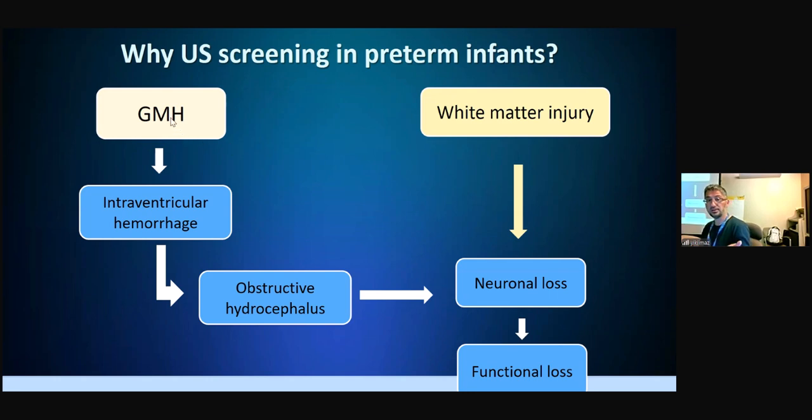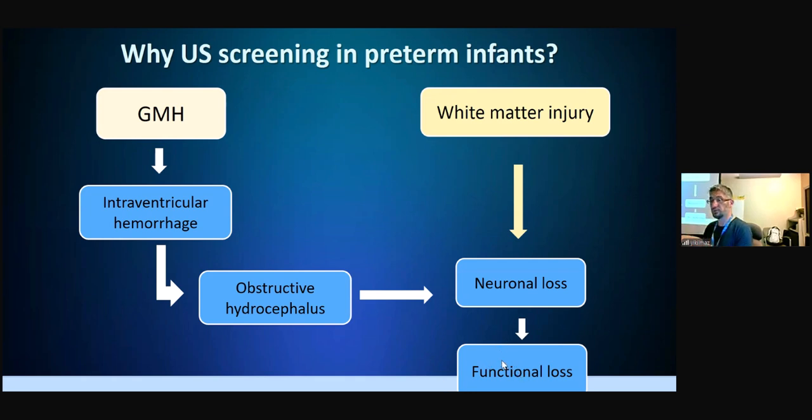These are the two most common pathologies: germinal matrix hemorrhage and white matter injury. Germinal matrix hemorrhage may cause intraventricular hemorrhage, not all the time. Then it may cause obstructive hydrocephalus, and obstructive hydrocephalus can cause neuronal loss. That's why it's important. And white matter injury causes neuronal loss, and neuronal loss means loss of function of those neurons.